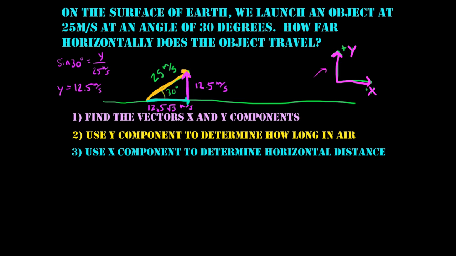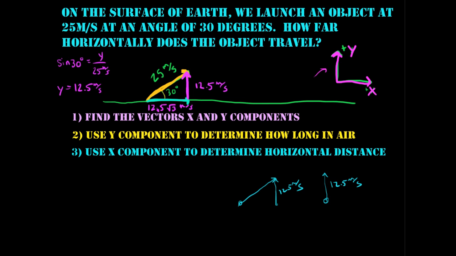So we found the x and y components. Now what exactly are we supposed to do with them once we find them? Well, in the last video I talked about how if you launch something up at 12.5 meters per second, or launch something out and the y component happens to be 12.5 meters per second, both objects will stay in the air for the same amount of time.